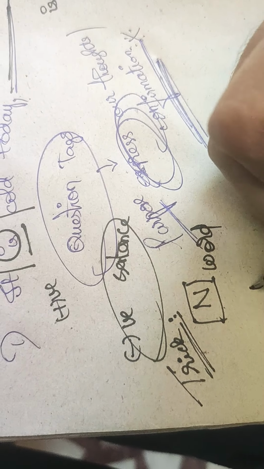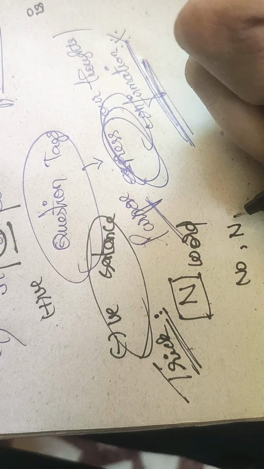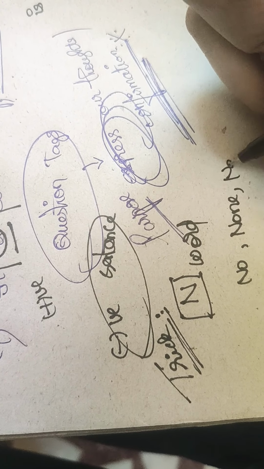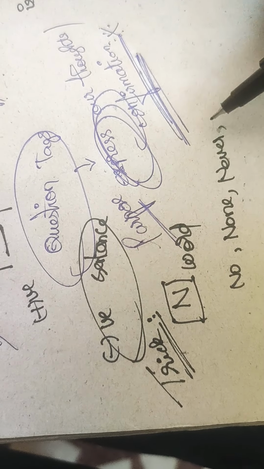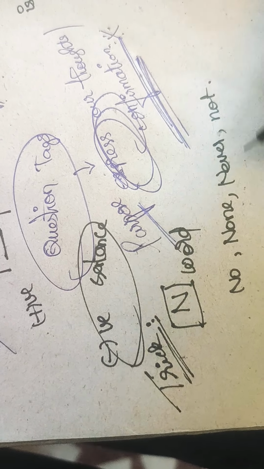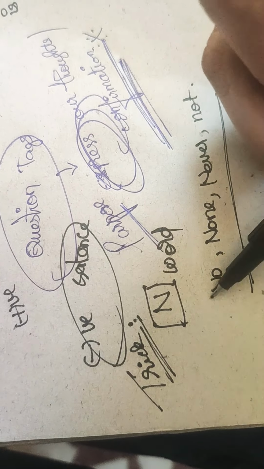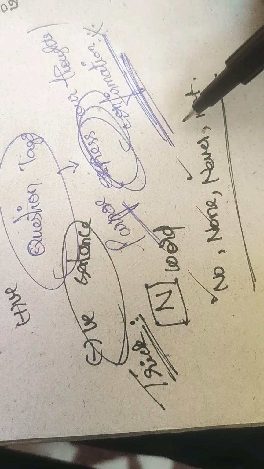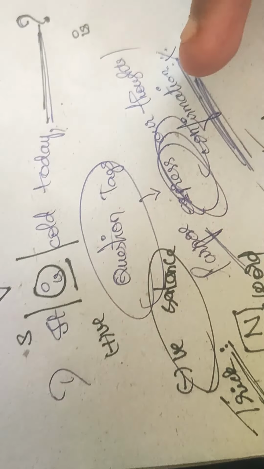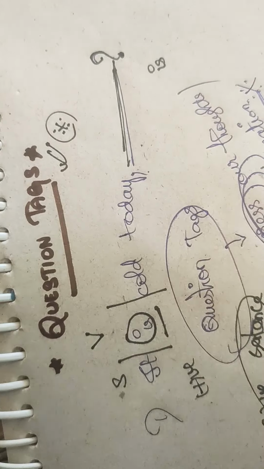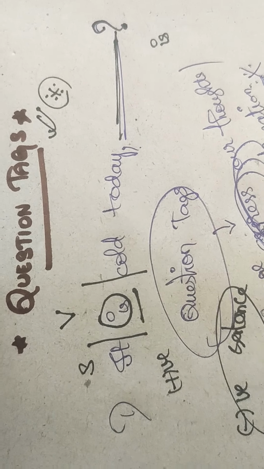N word means no, none, never, not. Any word like no, none, never, not is a negative word. If such a word comes, you should consider it a negative sentence.